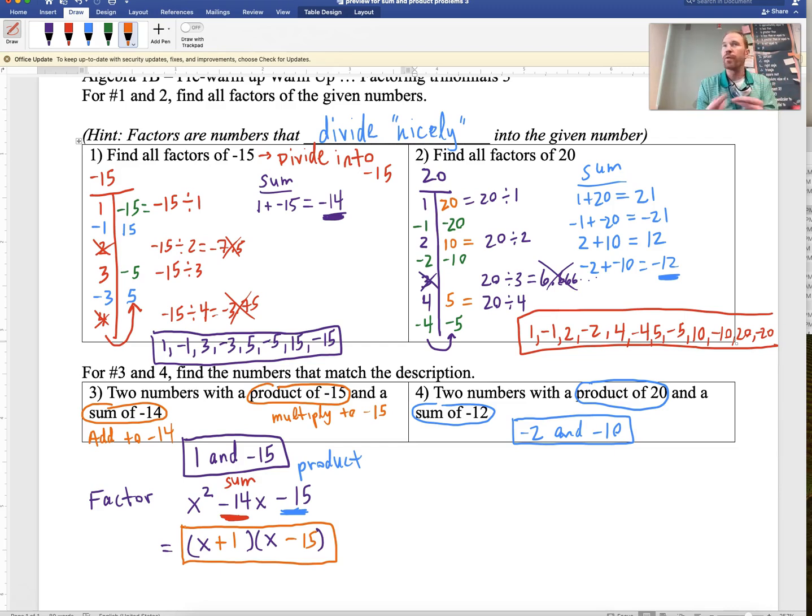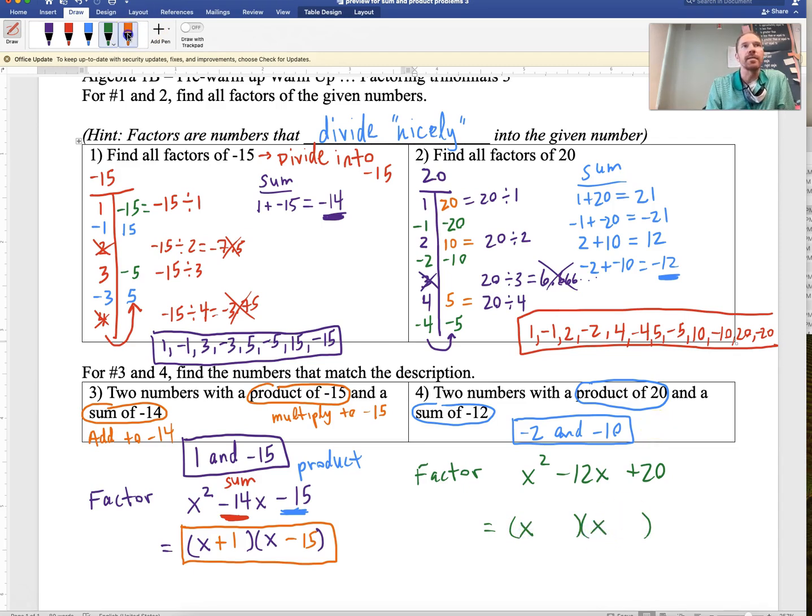So sometimes you just know the numbers, but if you don't, the process that we've done there is a process you can go through. Number 4, what this would look like later on in topic 3 is we would be asked to factor an expression like x squared minus 12x plus 20. And again, we would have 2 sets of parentheses. We would start each set of parentheses with just x, not x squared, just x.